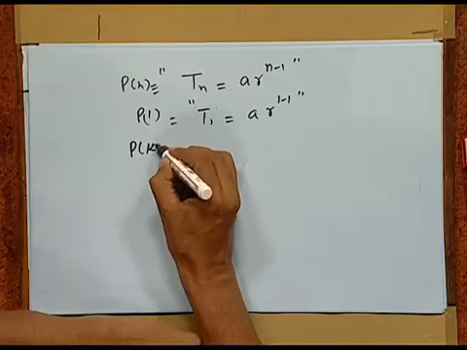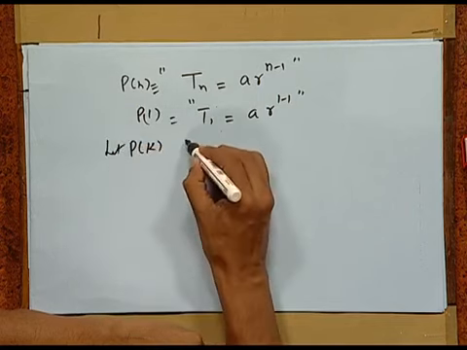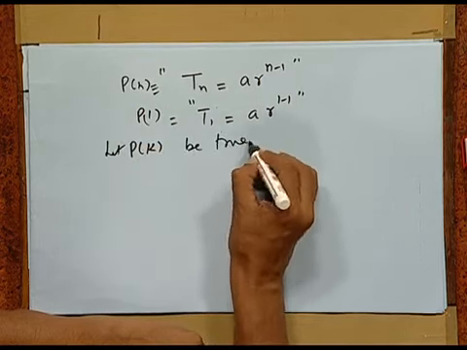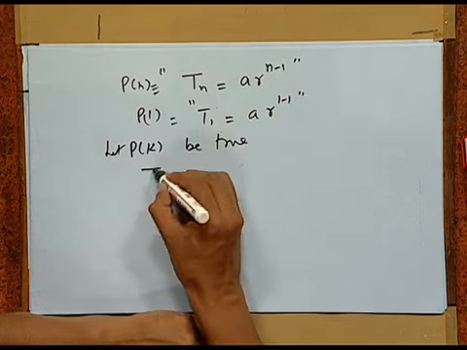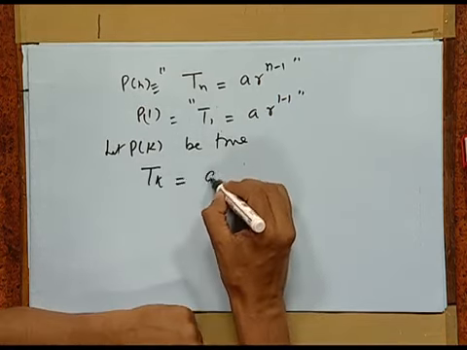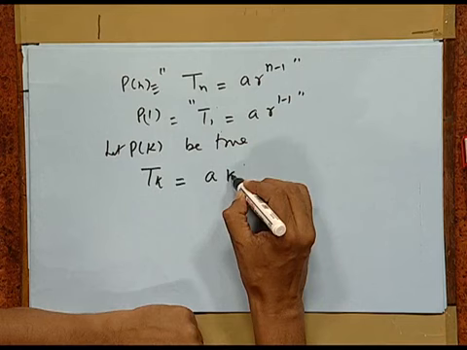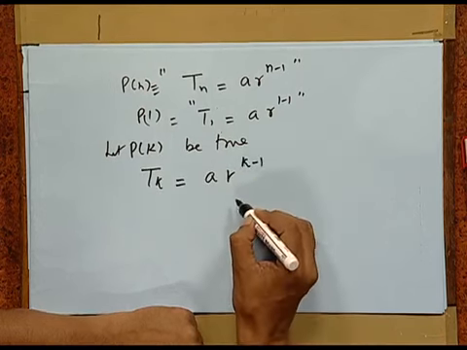Now, assume it for k. So, Pk be true. This means Tk is equal to A times R raised to power k minus 1.